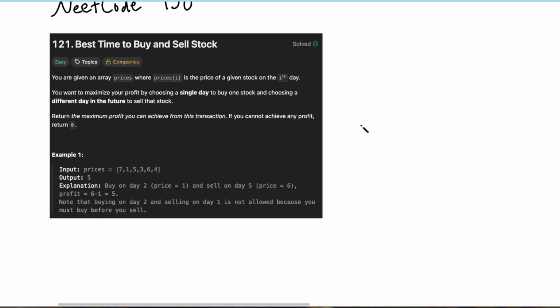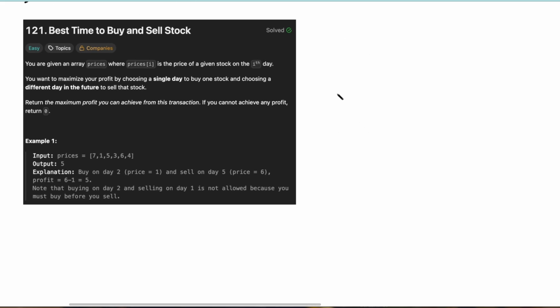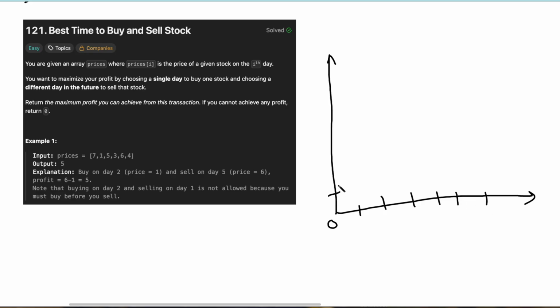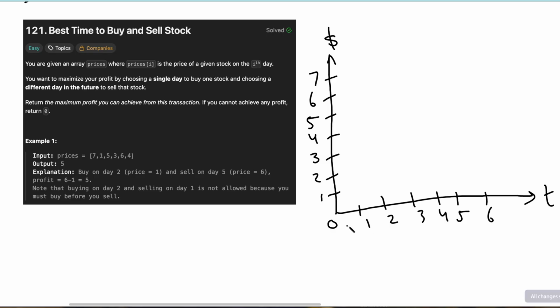So let's just iterate through the prices example here. To do that, I'm just going to give myself a nice graph. This is the price, and this is the time. At time 0, we have a price of 7.